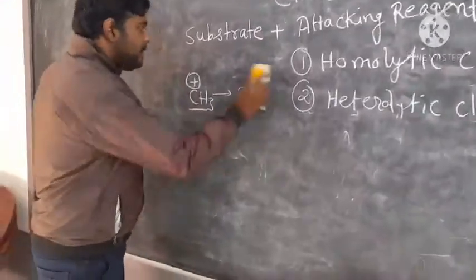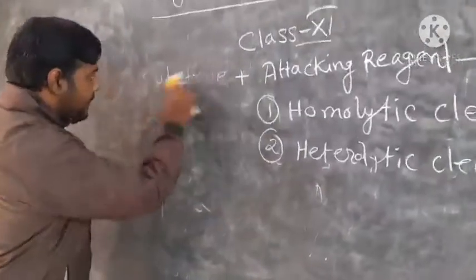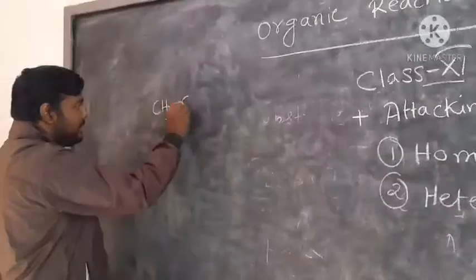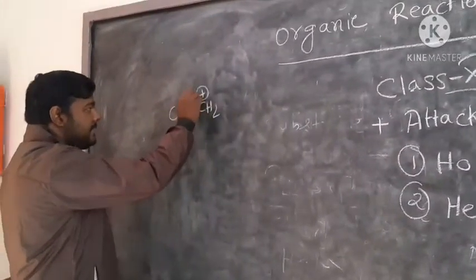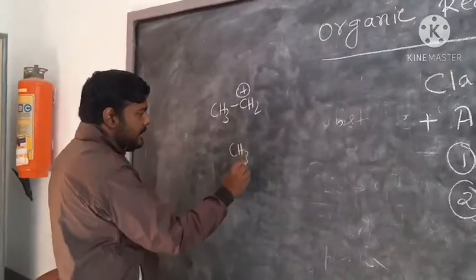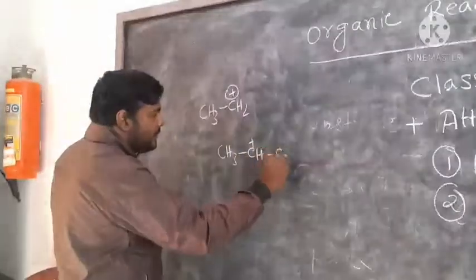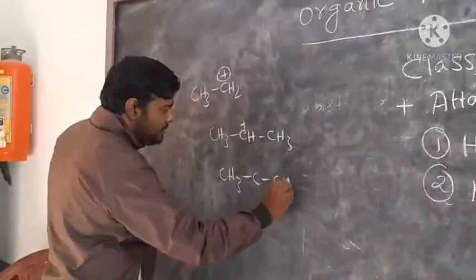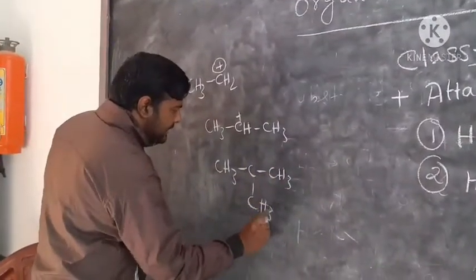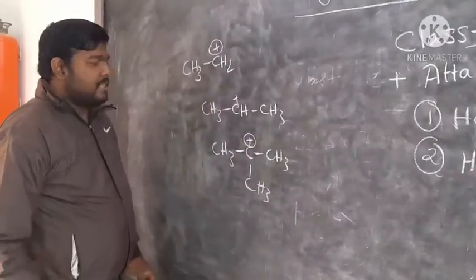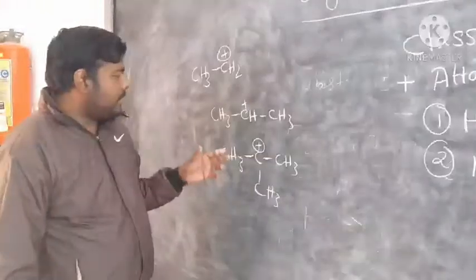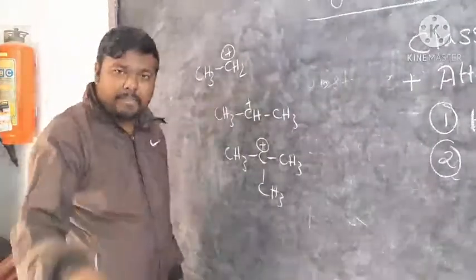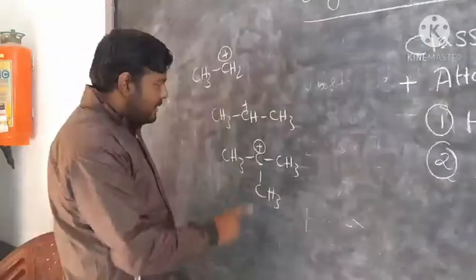Now, if we consider the stability of different types of carbocations, the 1 degree, 2 degree, etc.: CH3CH2+ is a 1 degree carbocation, and this will be a 2 degree carbocation. Also 3 degree carbocations are there, like this. Now, its stability will be decided by two factors: one is the plus I effect, and another is hyperconjugation.